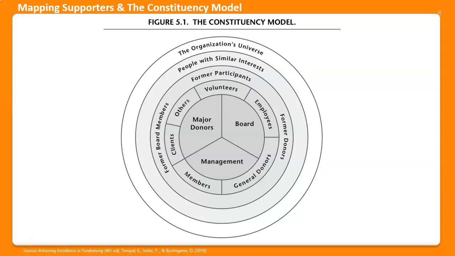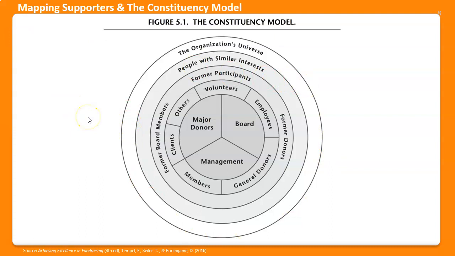Maybe we run a school, so alumni could be former students, right? So alumni could be one of the core in here, right? Whereas for this organization, volunteers are closer to them than the former participants, and former donors and former board members. And then you have people with similar interest in the organization's universe, right?